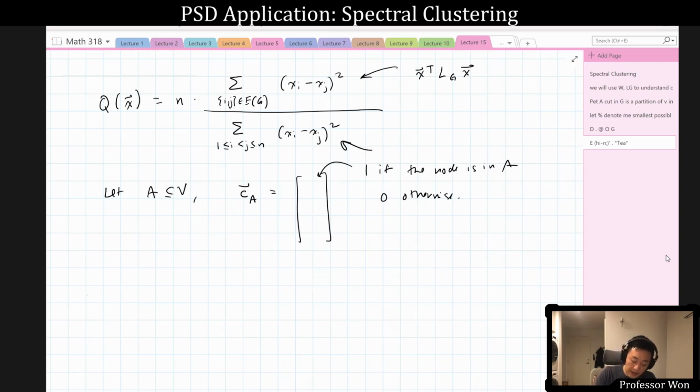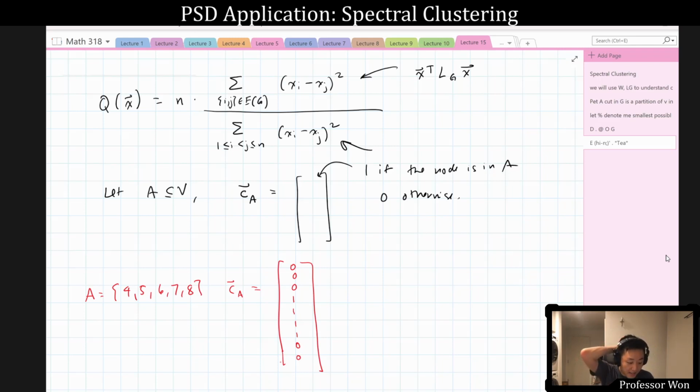For example, the set that we've been taking the whole time, except on the last slide, this set here, its characteristic vector just records which nodes are actually in your set. That's the characteristic vector of this set.